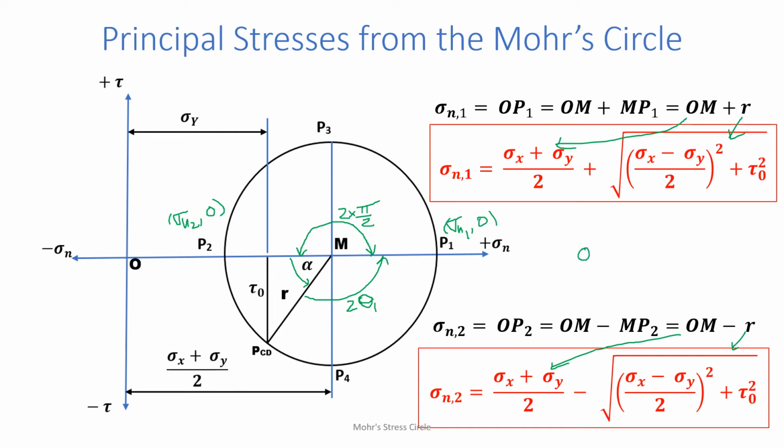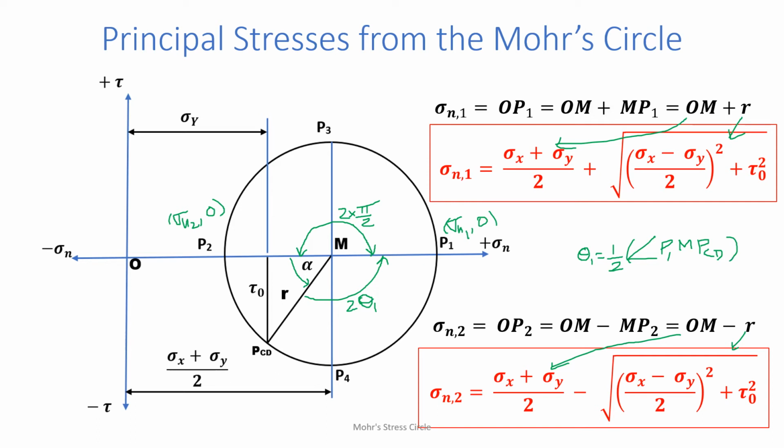So theta 1, the position of the principal plane, will be at half of the angle between P1, M center and PCD. This we will prove in the coming slides.